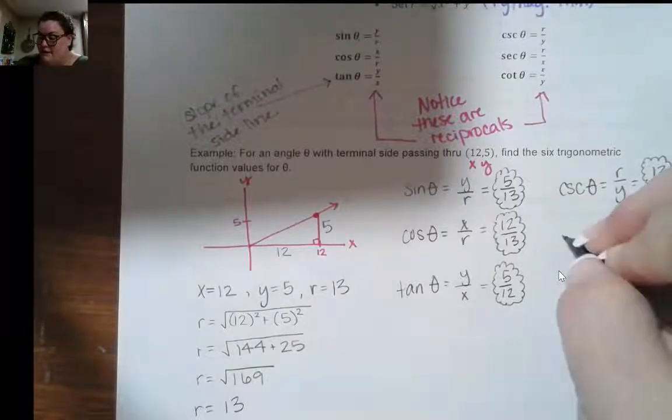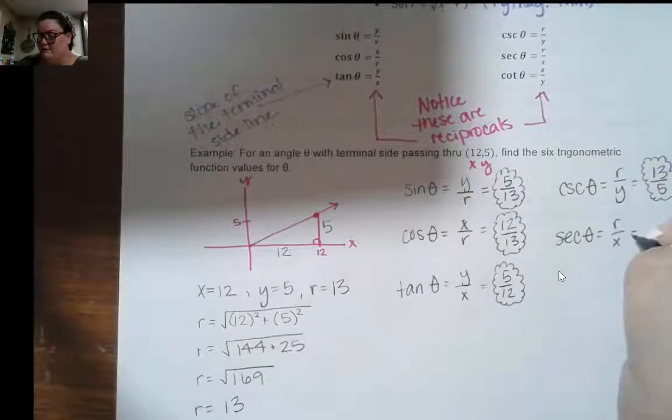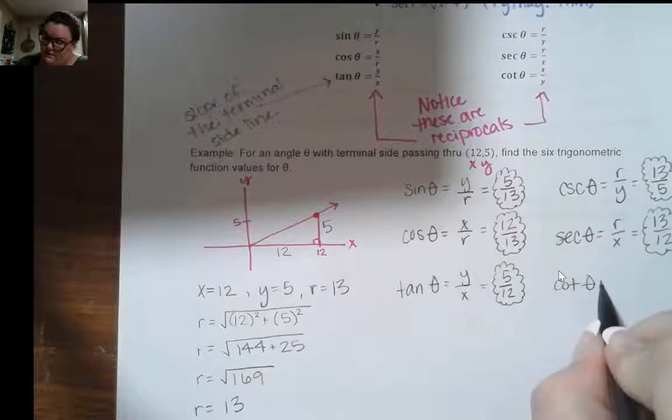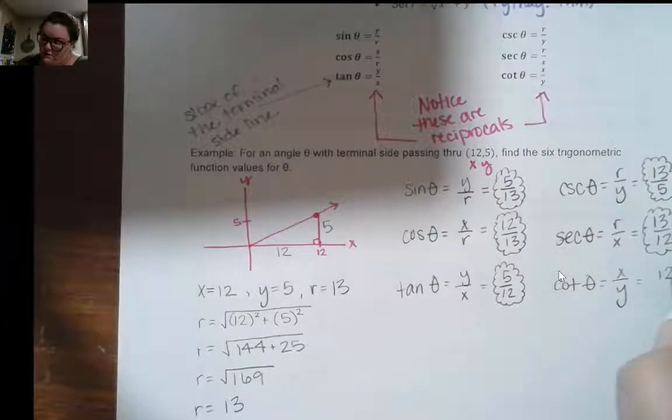Secant theta is r over x, which gives me 13 over 12. And our last one, cotangent theta, is x over y, which gives me 12 over 5.